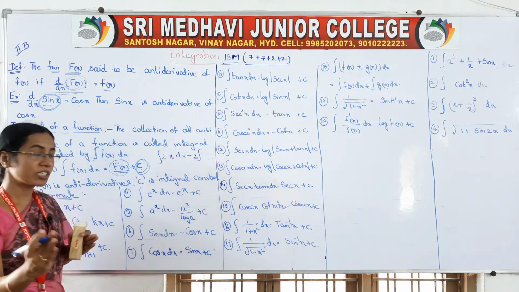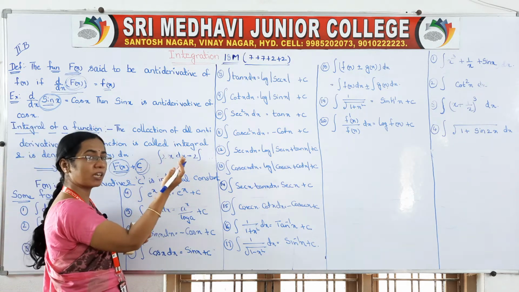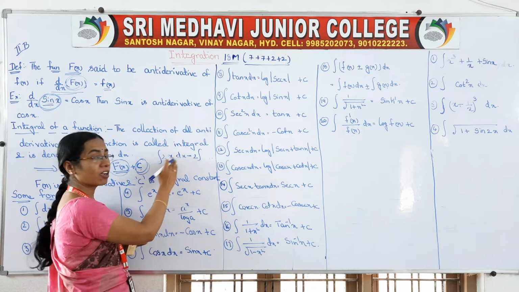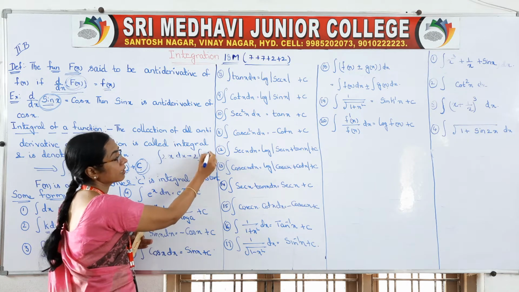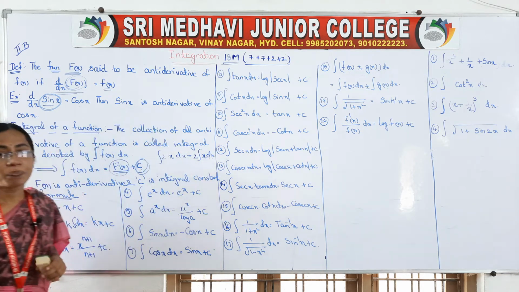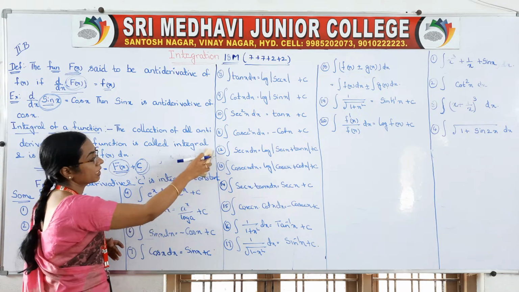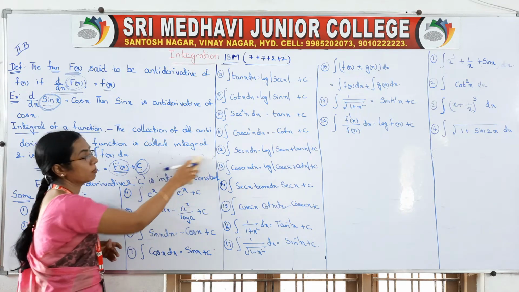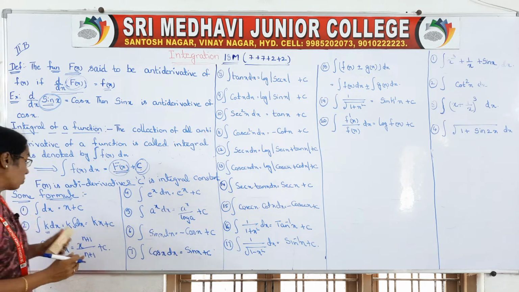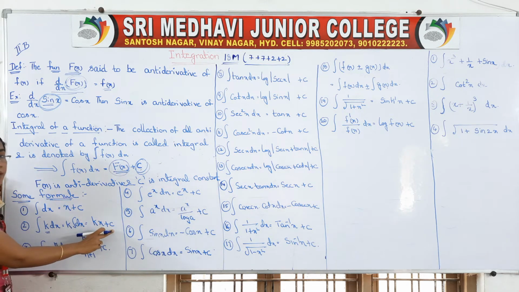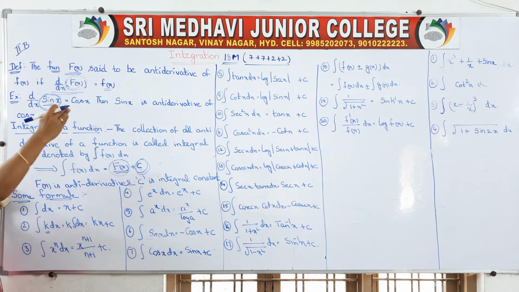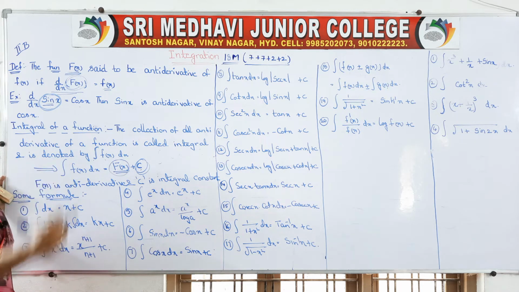Constant and some function is there, function meaning any value in terms of x. You write the constant outside and take that integral. That is the procedure. Whenever a constant is there with the problem, we can write the constant outside. So k times integral dx, and integral dx is nothing but x, so kx. After the completion, we have to write plus c. See, in all the formulas plus c is there.